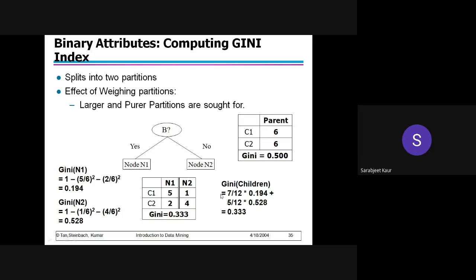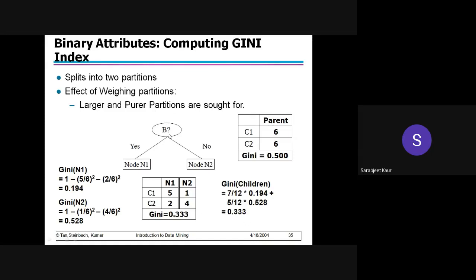What is the weight of this node? It will be 7 by 12. And the weight of this node is 5 by 12, because there are 7 tuples here and 5 tuples here. So 7 by 12 into this value, plus 5 by 12 into this value. This gives me the Gini of the split.